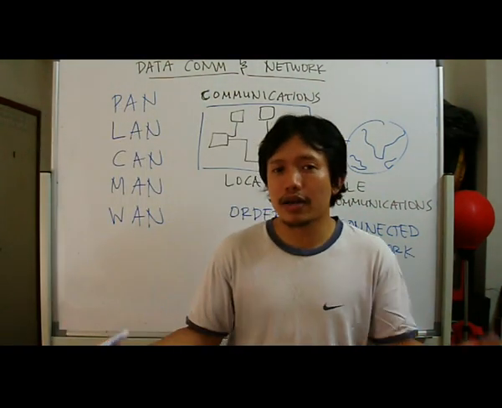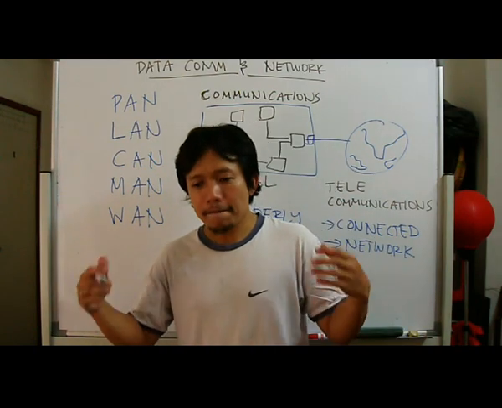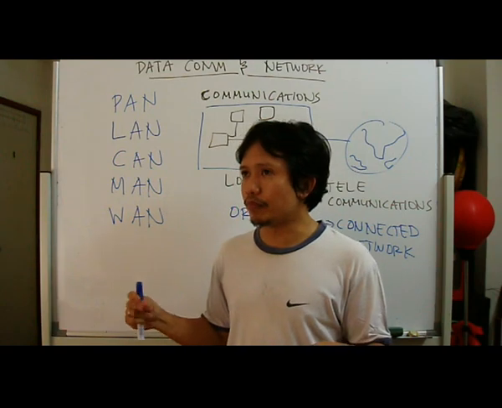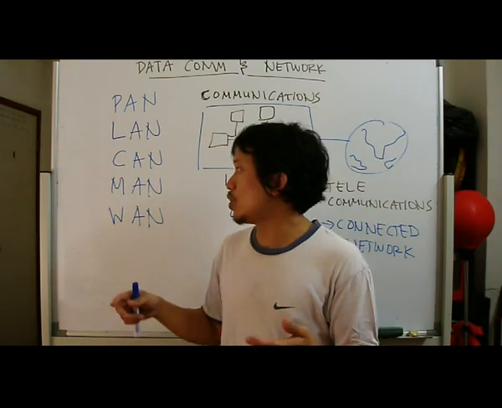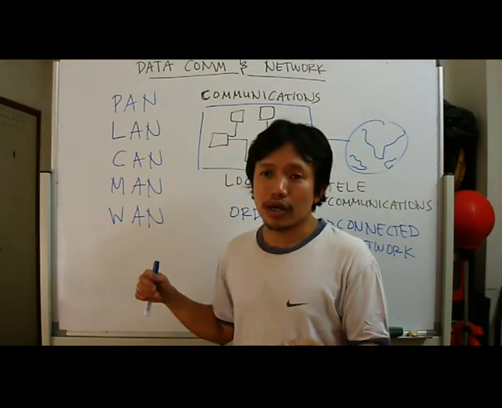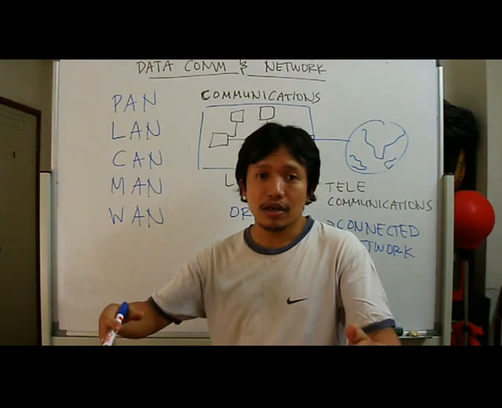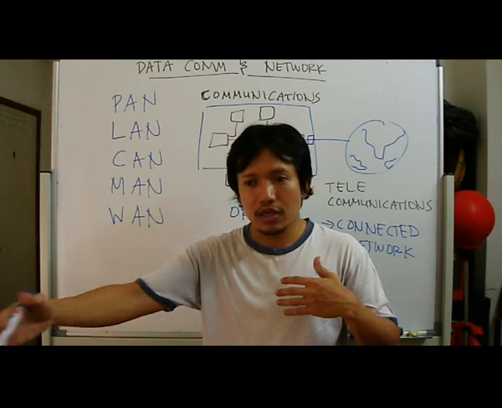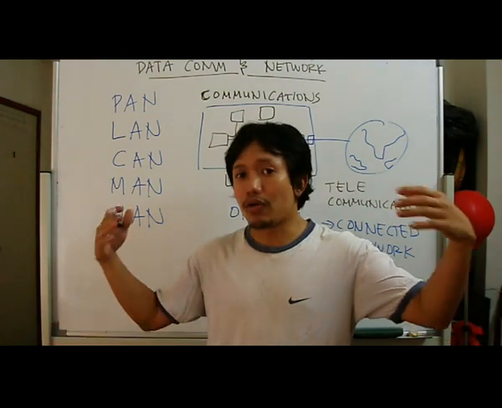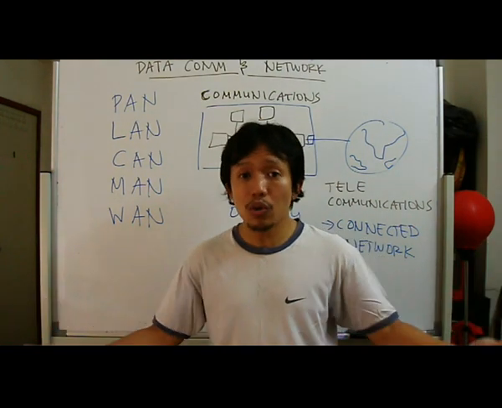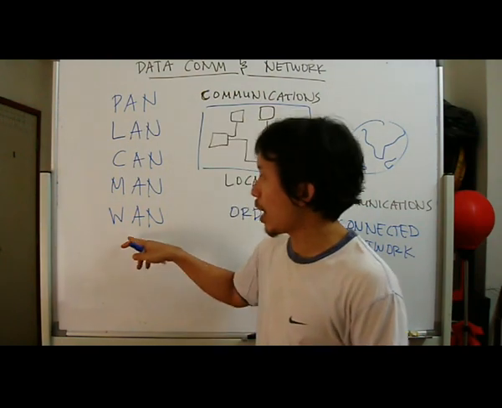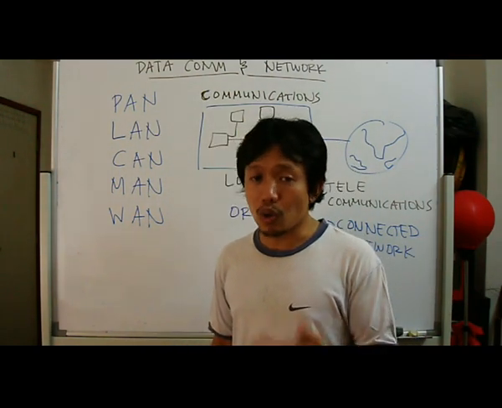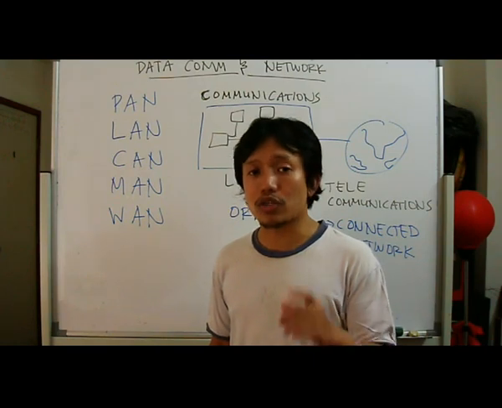When we say wide area network, it is really a very wide type of designation, meaning to say that it might be one district, one state, several states, one country, one region, or the whole world. In fact, we already have a wide area network consisting of computers over the whole world, right? That wide area network is called the internet.